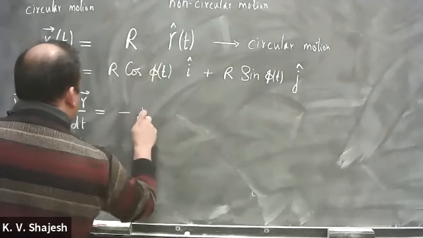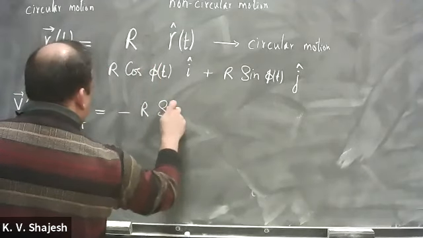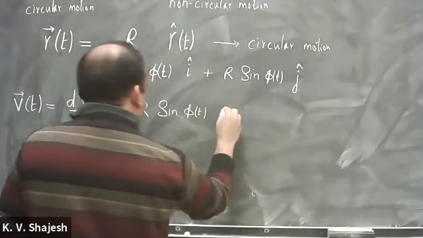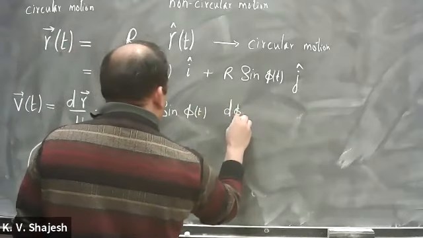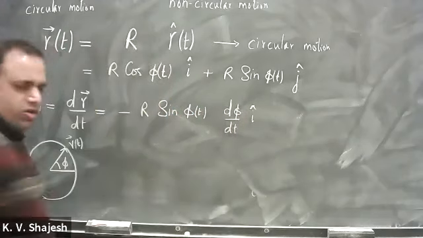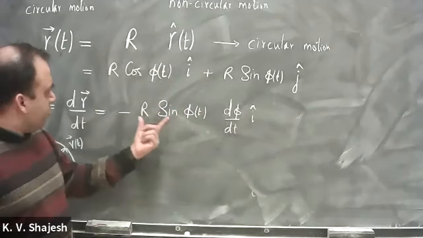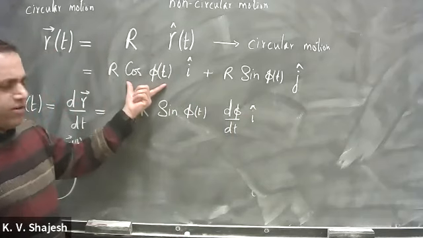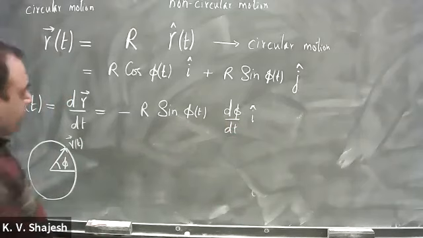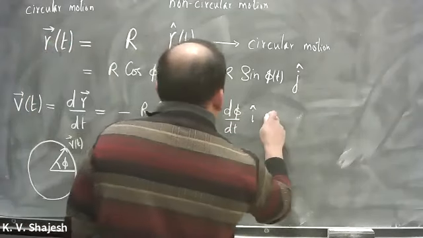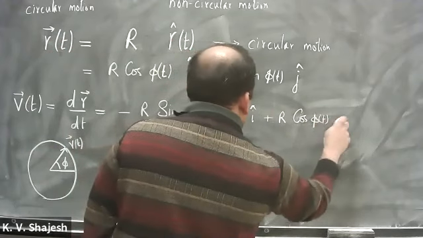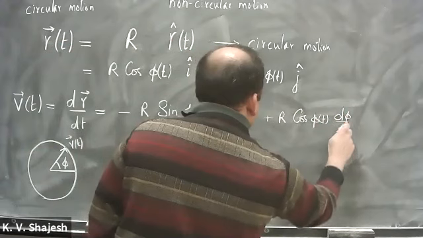So when I take the derivative, this is r sine phi of t times d phi by dt. That's your first quantity. Notice I have used chain rule. First, I took the derivative of cosine, which gave me a sine, and then the derivative of the phi itself, plus r cosine of phi of t times d phi by dt.